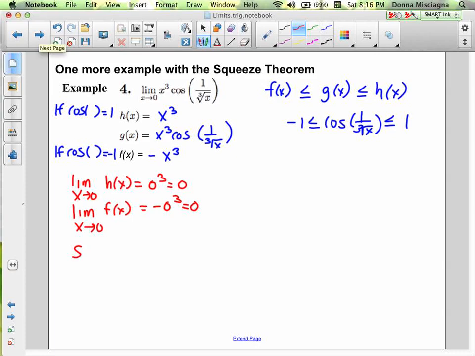So, and we switch colors. I'm doing a good job switching colors here.